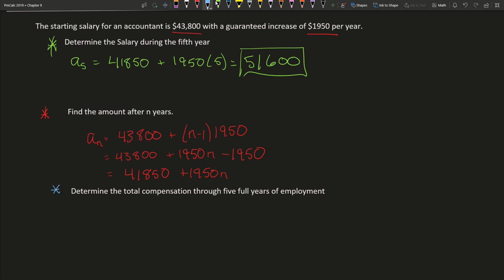And then this last bit, determine the total compensation through 5 full years of employment. That's a sum, okay? So we want the 5th partial sum of an. So this is just equal to, we have 5 years, divide that by 2, times the first term plus the last term.